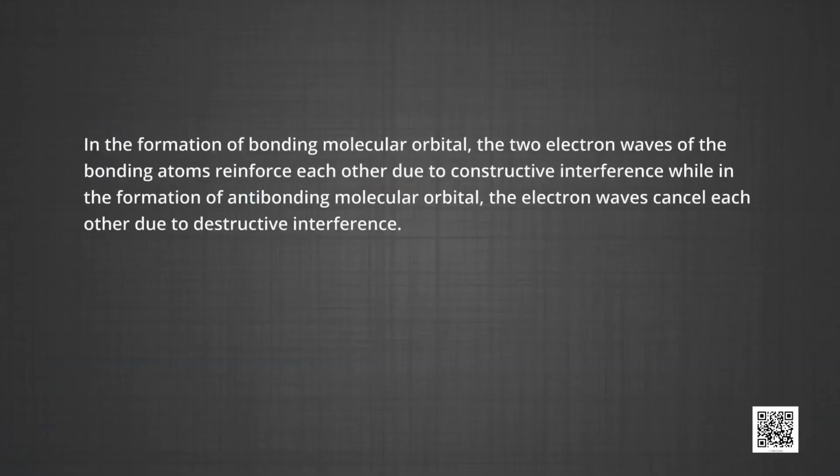In the formation of bonding molecular orbital, the two electron waves of the bonding atoms reinforce each other due to constructive interference, while in the formation of antibonding molecular orbital, the electron waves cancel each other due to destructive interference. As a result, the electron density in a bonding molecular orbital is located between the nuclei of the bonded atoms, because of which the repulsion between the nuclei is very less.